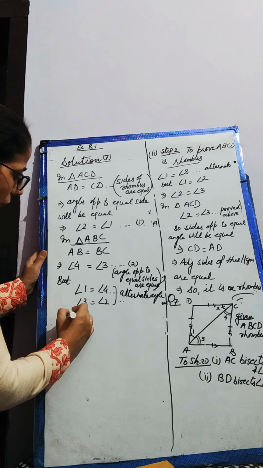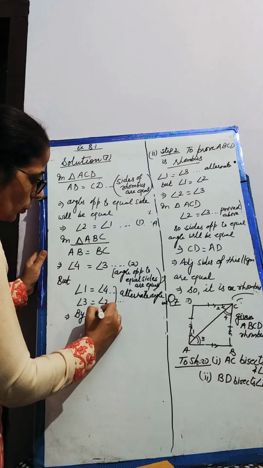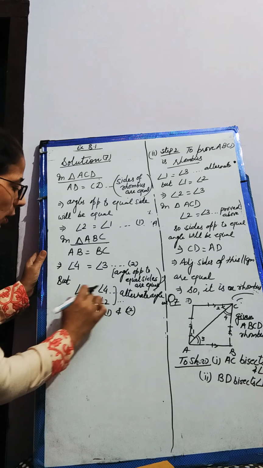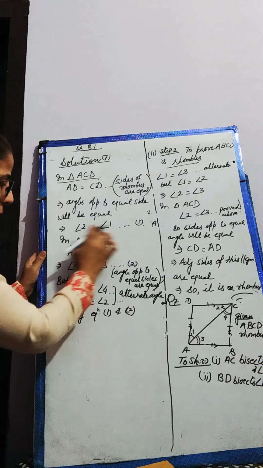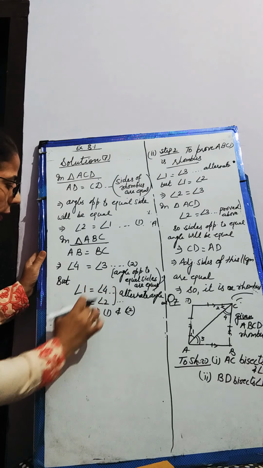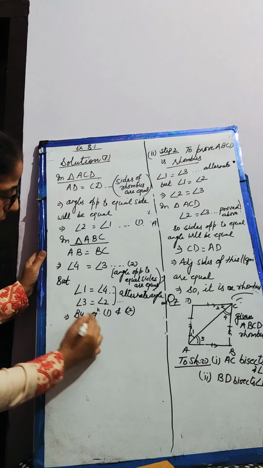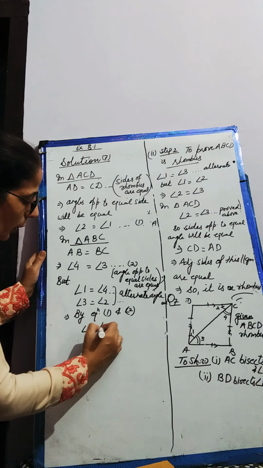So by equations 1 and 2, what will be there? 1, 2, 3, 4 all will be equal. 1 is equal to 2 and this is equation 1. 1 is equal to 2, 3 is equal to 4, and we also know 3 and 4 are equal to each other. Therefore 1 equals 2 equals 3 equals 4.